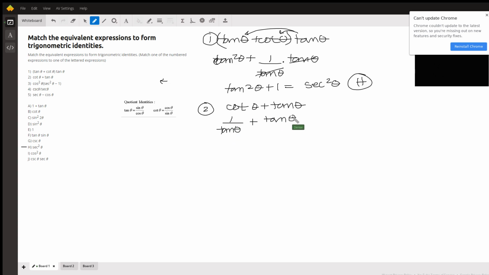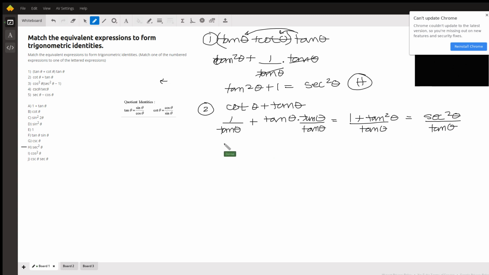The way we can simplify those is to get a common denominator. So my common denominator is tangent theta. So I'm going to multiply this by tangent theta over tangent theta. And this gives me 1 plus tangent squared theta over tangent theta. Well, we already know 1 plus tangent squared theta is secant squared theta.